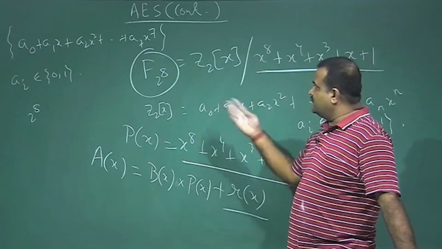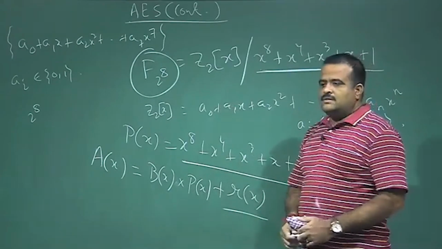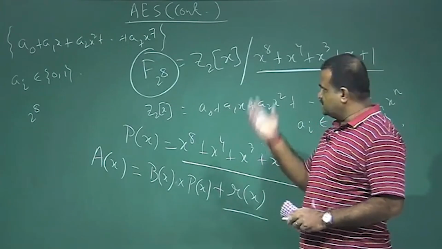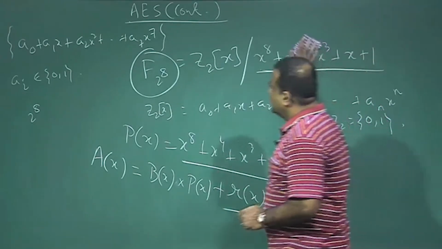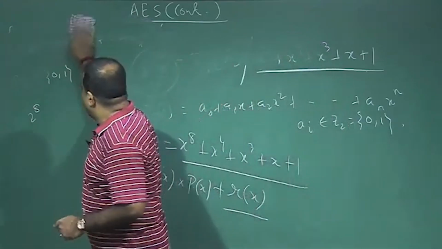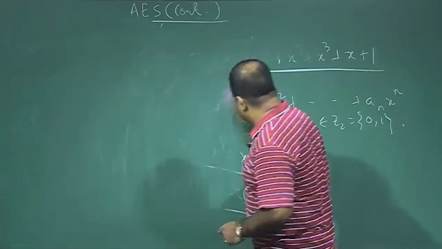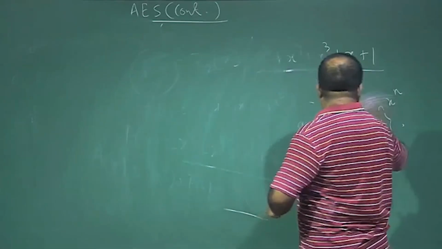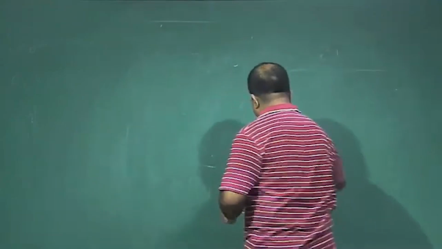This polynomial we will use for this field, for our AES S box. So if it is a field, we can perform the inverse operation in it. So the inverse exists for a given x.